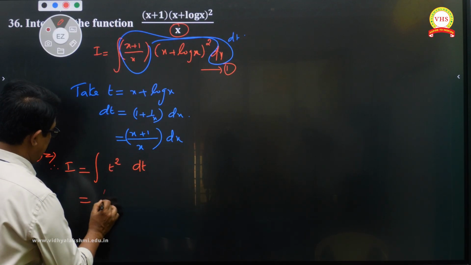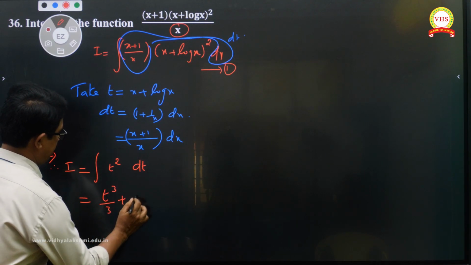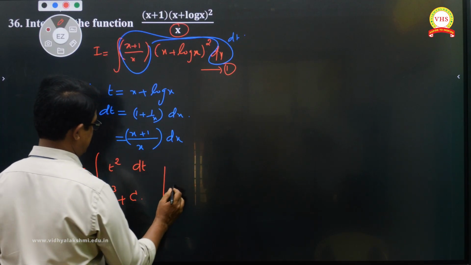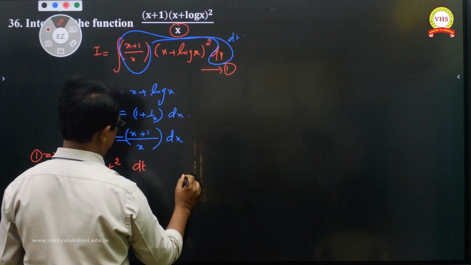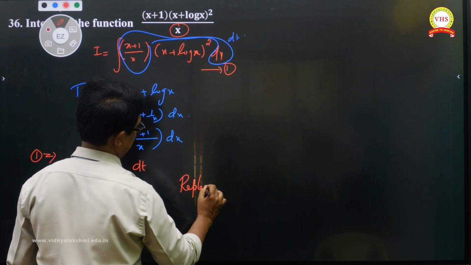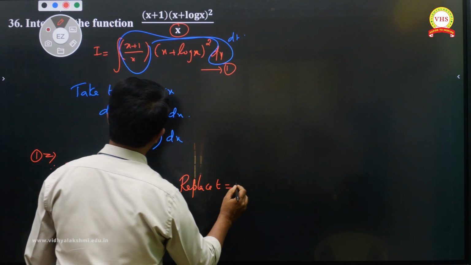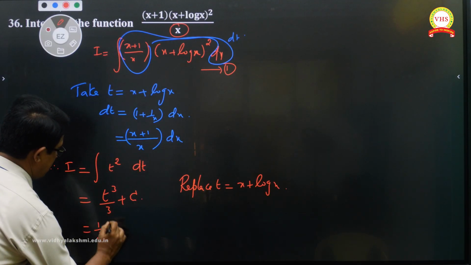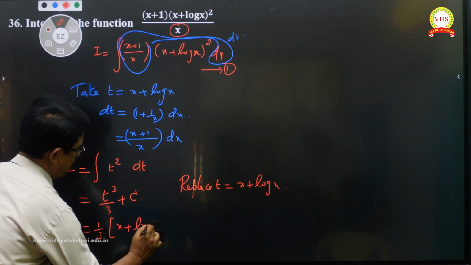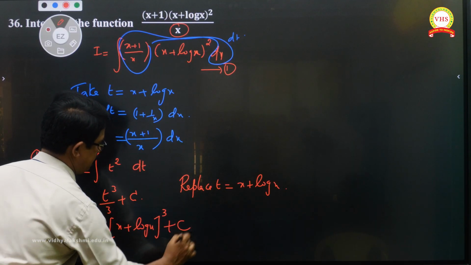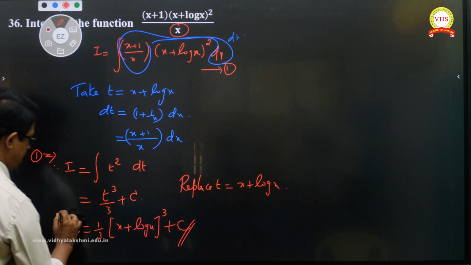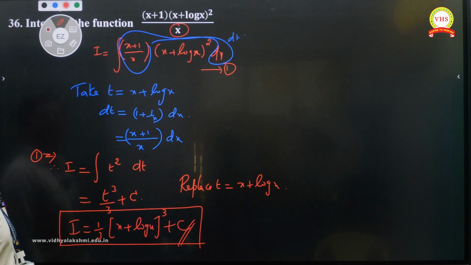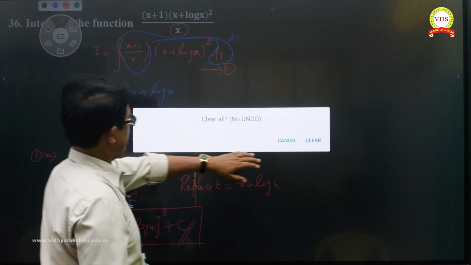As usual, t cube by 3, the same method as the previous sum. Now 1 by 3 into, replace the t value. t equals x plus log x. The final answer is (x plus log x) whole cube plus c. This is the solution of the given function. Any doubt?